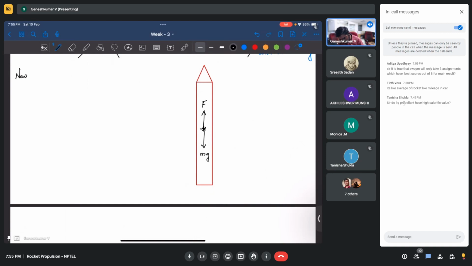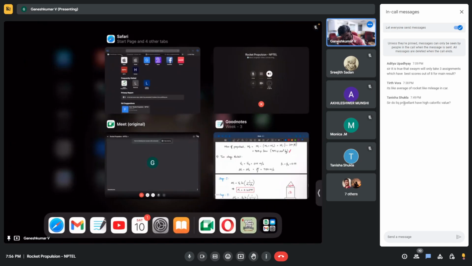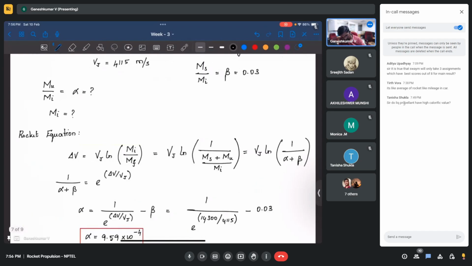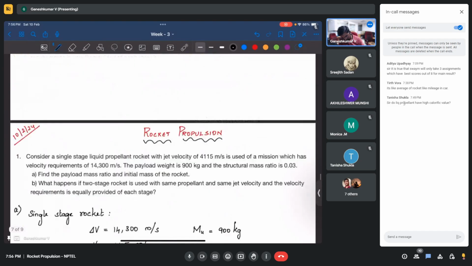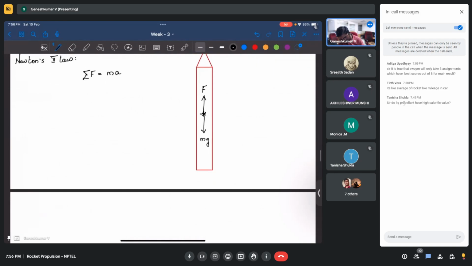We'll just continue that. We are going to apply Newton's second law, which is summation of F equal to mass times acceleration.